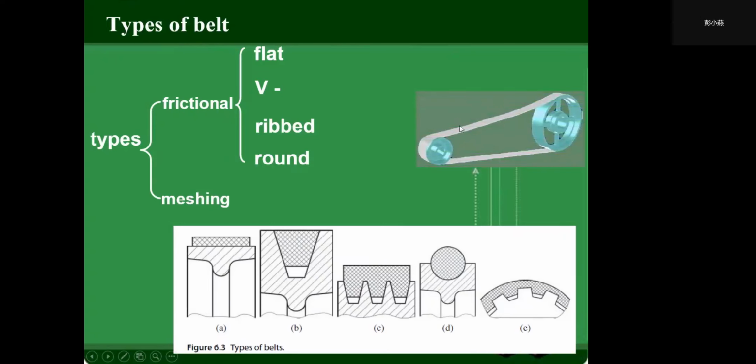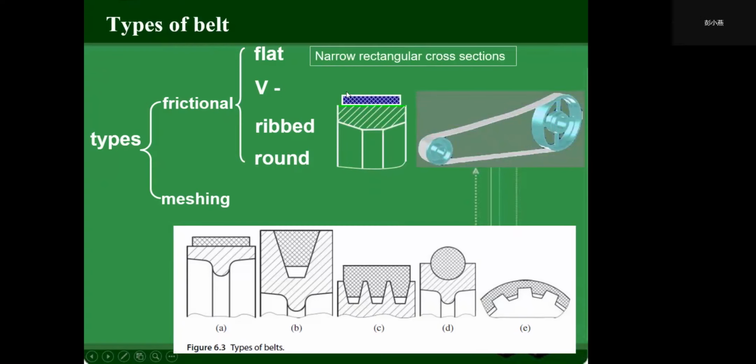Flat belts, like this, are the simplest and least expensive type, with a narrow rectangular cross section.